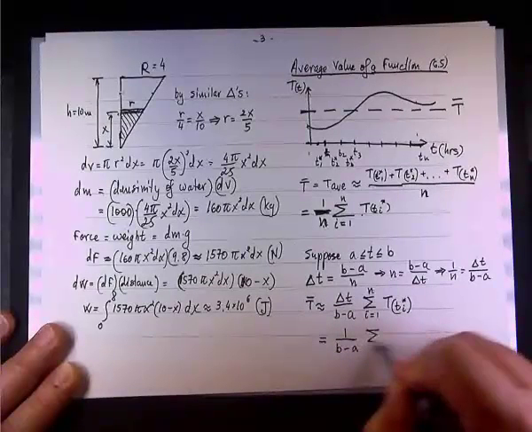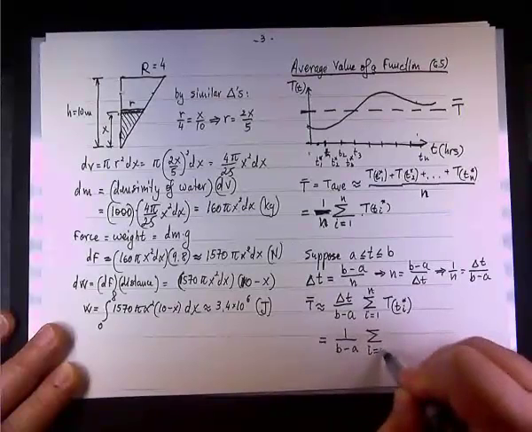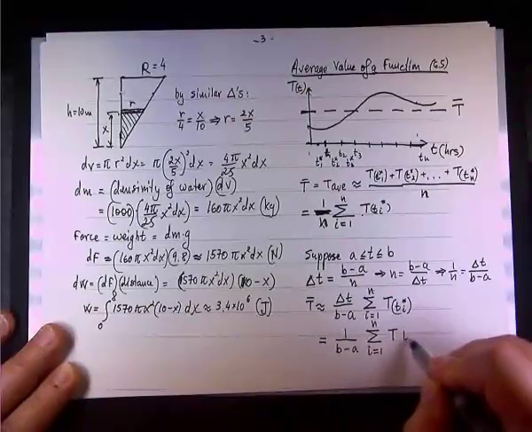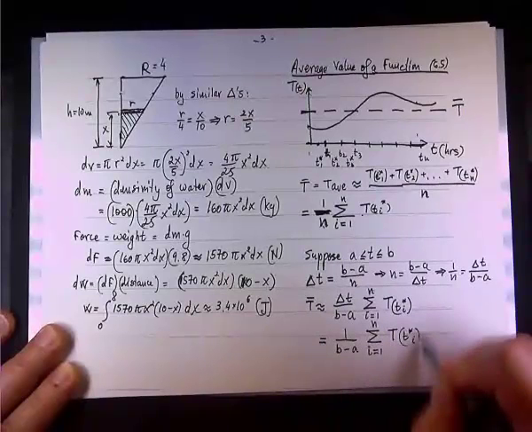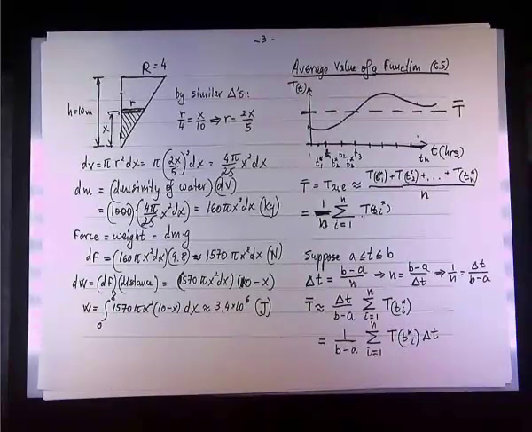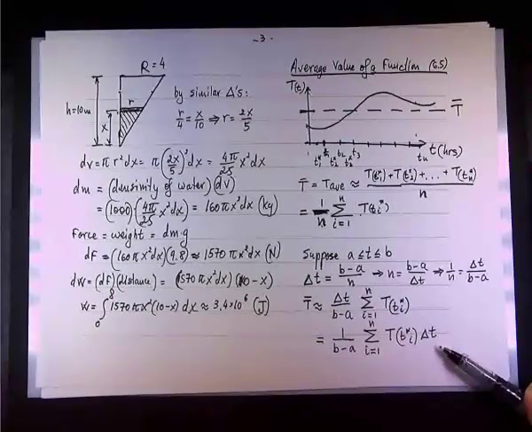So I'm going to rewrite this as 1 over b minus a, sigma i goes from 1 to n of t star sub i multiplied by delta t. Can you see why I did it? Can somebody tell me what will be the next step?